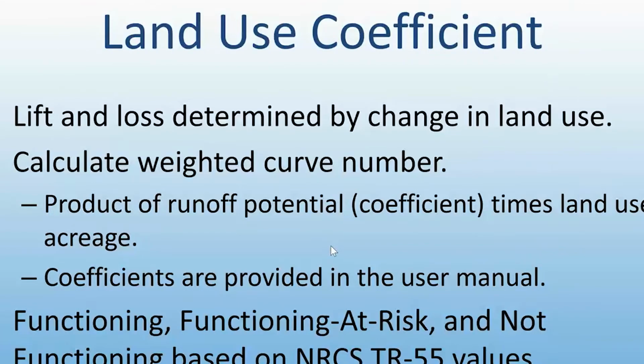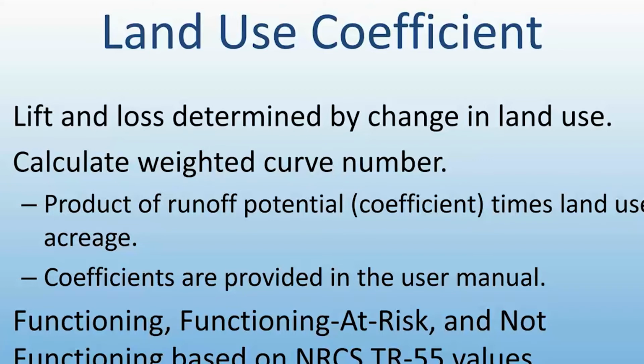So for the land use coefficient, what we will be doing, from a restoration side, actually from either side, is looking at lift and loss by land use change. So think about that. Reach runoff, the activity associated with the land use coefficient is changing the land use.